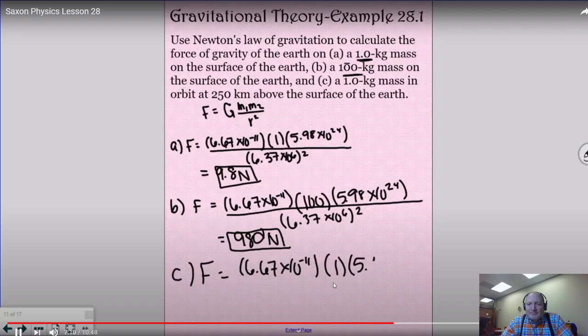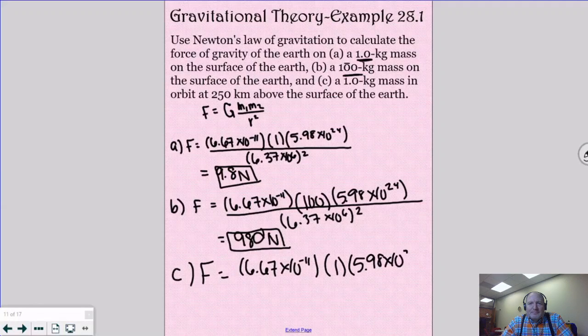And we have the mass of the Earth. But now the radius is different. So it's the radius of the Earth plus the part that we are above the Earth's surface.